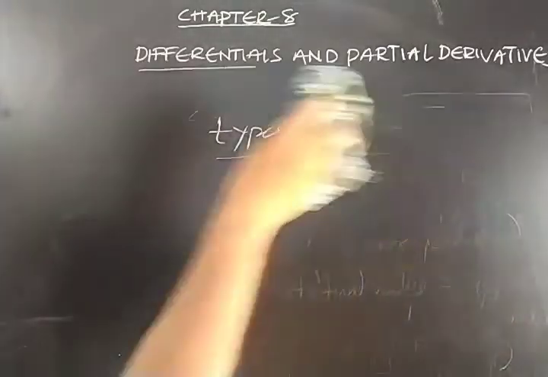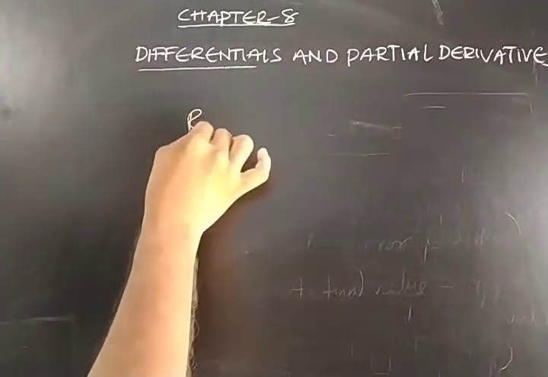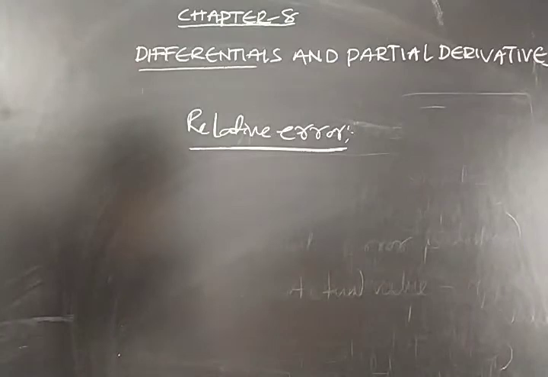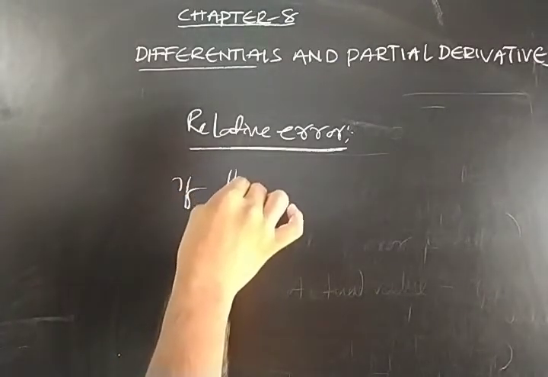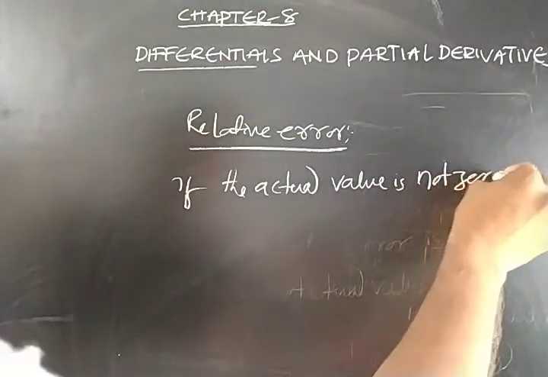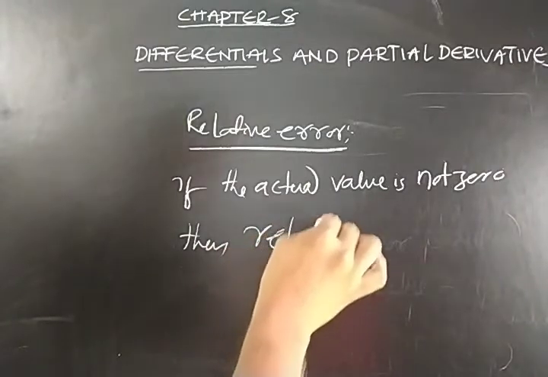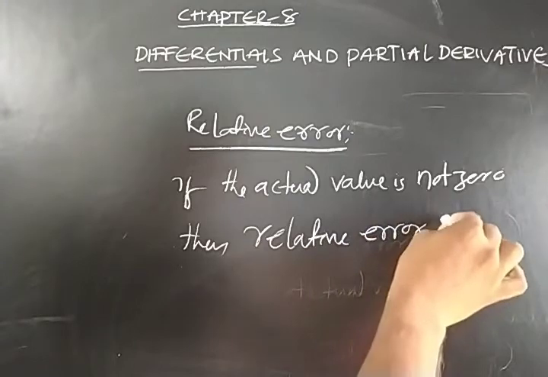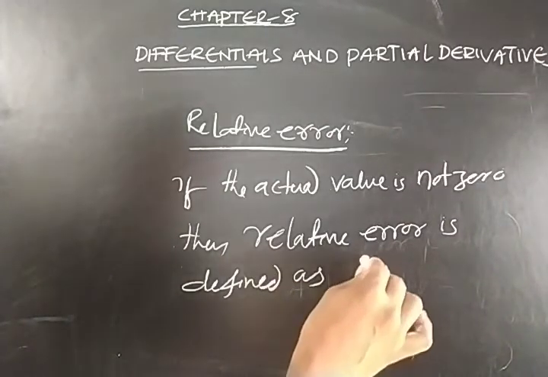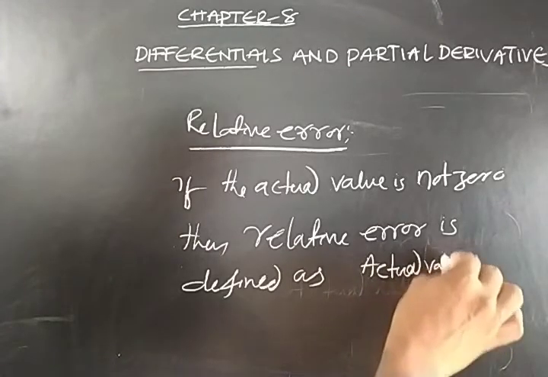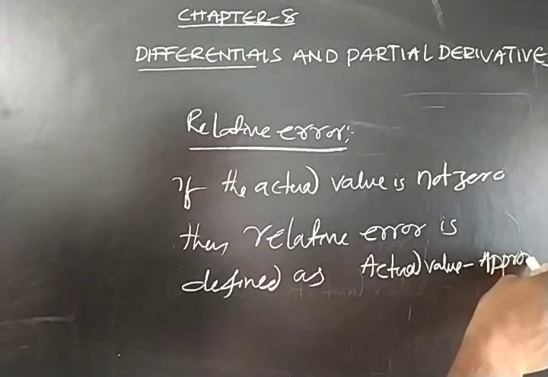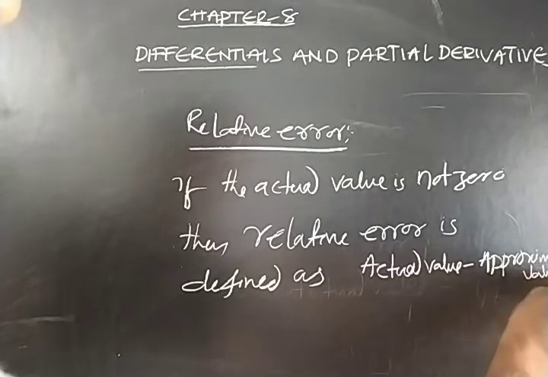Next type of error, relative error. If the actual value is not zero, then relative error is defined as actual value minus approximate value, divided by the actual value.